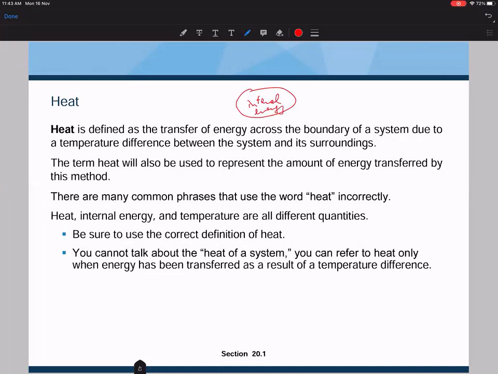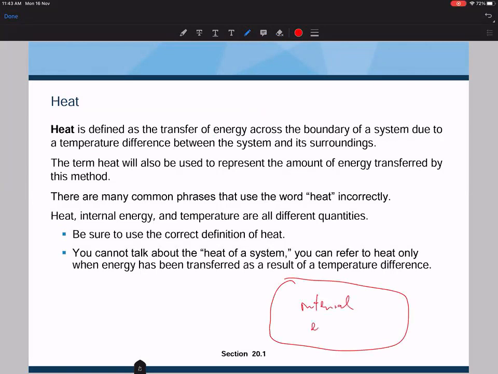So let me try to redraw it. For the internal energy, you have a system. The internal energy, you are considering the energy possessed by the particles within the system. We don't care what is outside. On the other hand, for the heat energy, you cannot consider only the system itself.